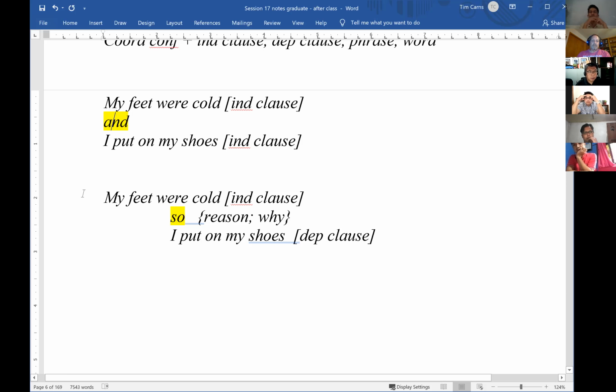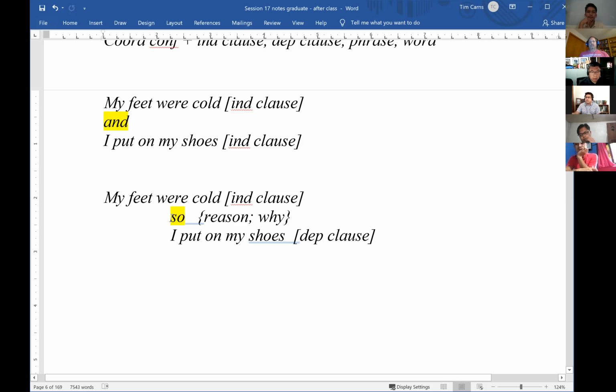But in the second example, I want to emphasize something different. My feet were cold, so, brothers, because my feet were cold, I put on my shoes. So in that second sentence, I have changed how I am presenting you the information by using a different conjunction.